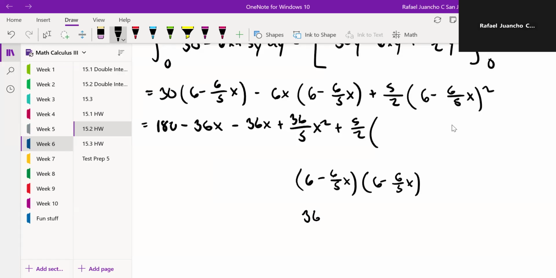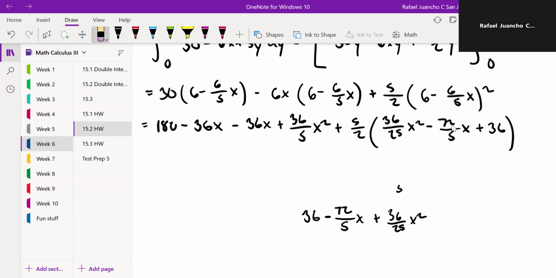So this should give me 36 minus 36 over 5 minus 36 over 5. So 36 times 2, 72. Then this one is square that thing. So this gives me 36 over 25 x squared. So I get a value like this.